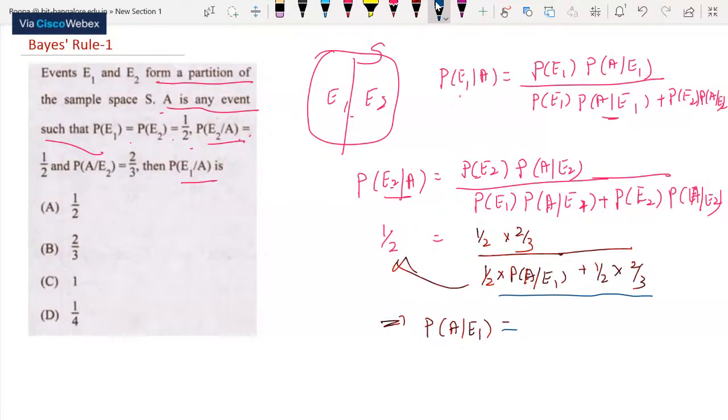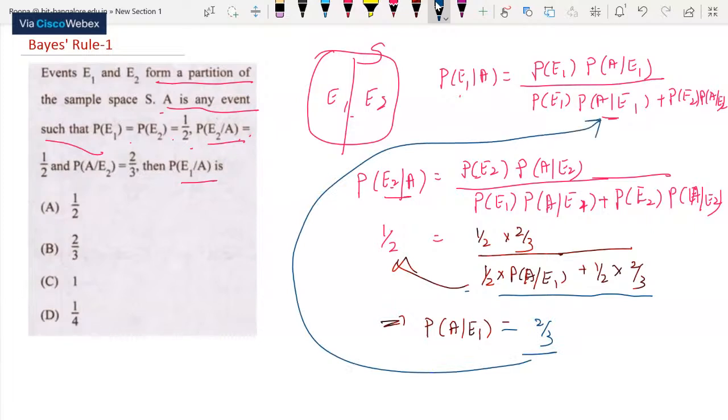Probability of A slash E1, what is that actually? You take this as a cross multiplication, simplify that, we get 2 by 3. Once we get 2 by 3, you take this formula, substitute all the values and then you get A slash E1. Simplify that. Finally, we get the answer. Probability of E1 slash A is nothing but 1 by 2. 1 by 2 means the answer is A.